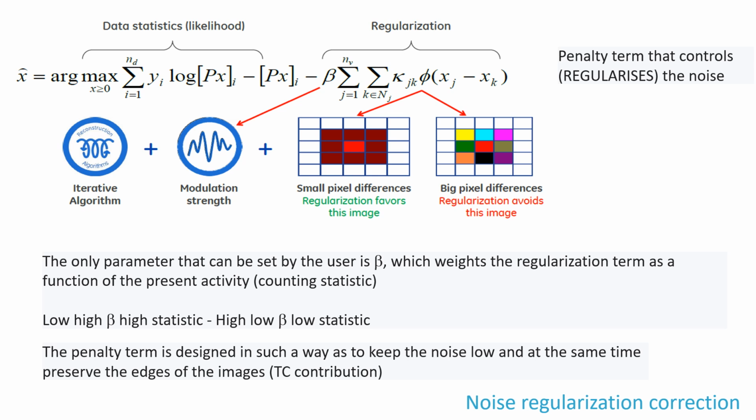This term is called the penalty term, and it should be high where statistics is low and, vice versa, it is set at low values where statistics is good. The penalty term is designed in such a way as to keep the noise low and at the same time preserve the edges of the image with the help of the CT contribution.